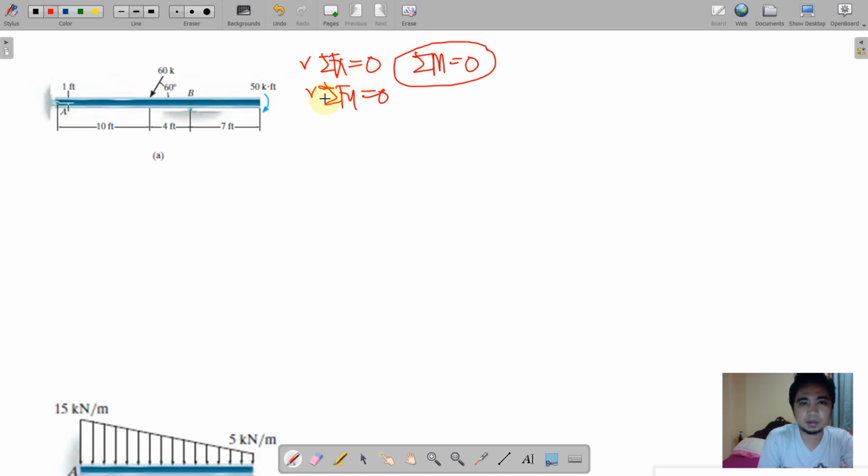Okay? And normally, ito yung ginagamit, summation of forces y is equal to 0 because most of the time, yung ating reaction is palaging vertical kasi nga yung mga loading natin is more on gravity loads.